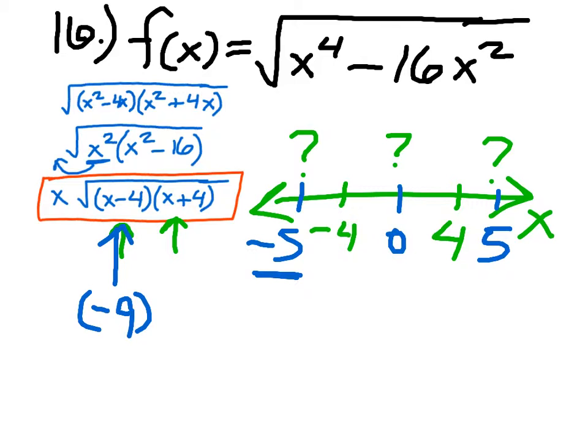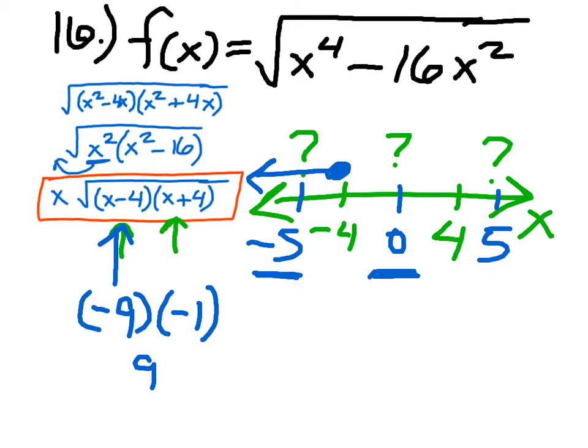In the second factor, I'll get negative 1. And those two will multiply to be 9. So this one's okay. In fact, we're okay with negative 4 and everything below. So that negative 5 being a test point kind of told me the negatives will cancel out inside and I'll have a square root of a positive thing. That's fine.